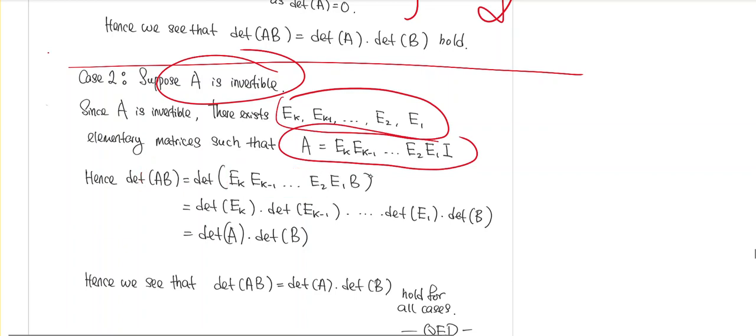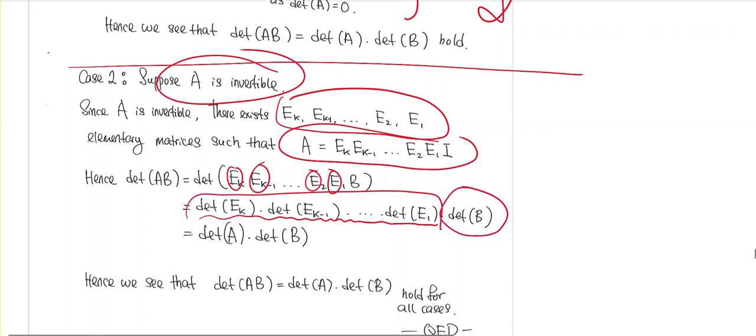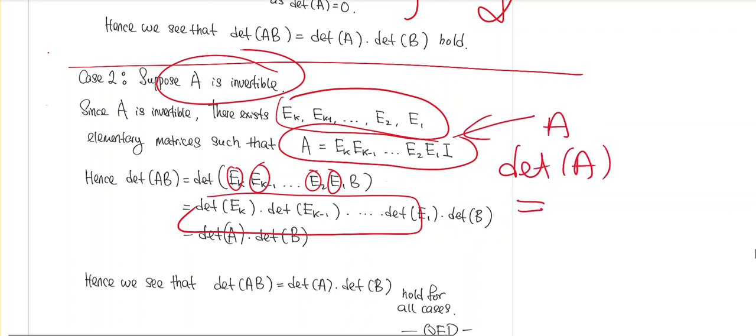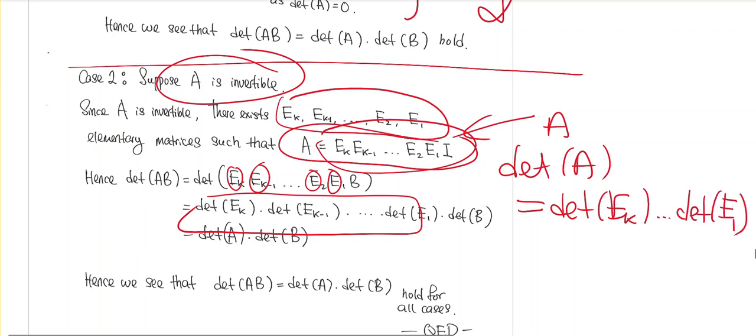The determinant of AB is the determinant of this product of elementary matrices and B. The lemma says you can break them apart into the product of all these determinants, and then the determinant of B. And this part here is actually the determinant of A, because A is like that. Again, these are all elementary matrices, so you can split them apart. Everything in this box is the determinant of A.